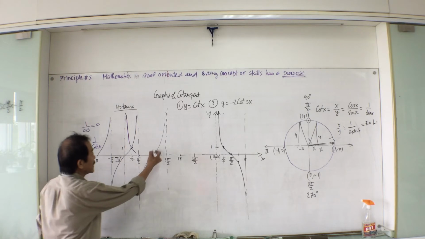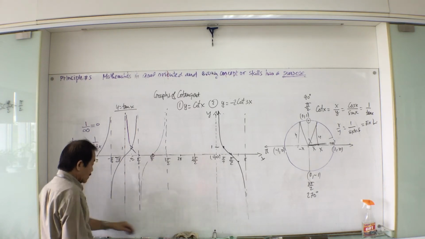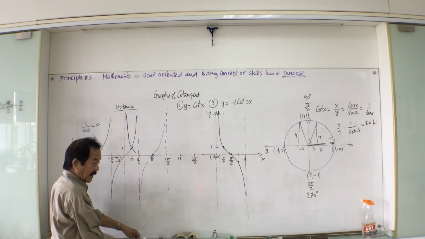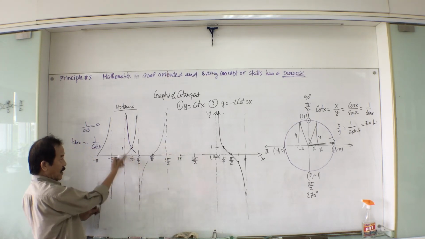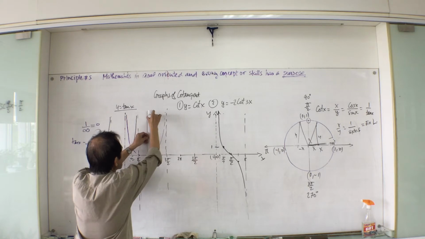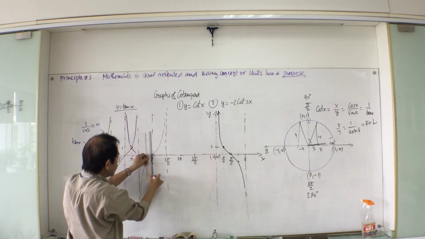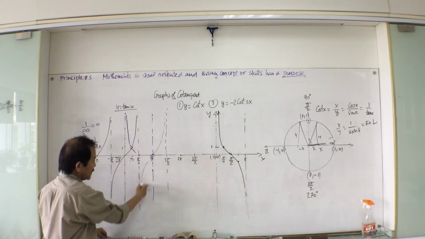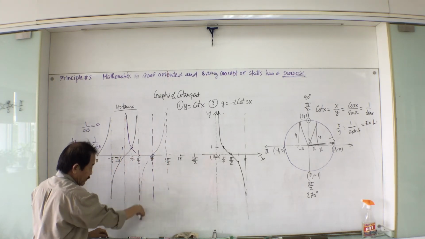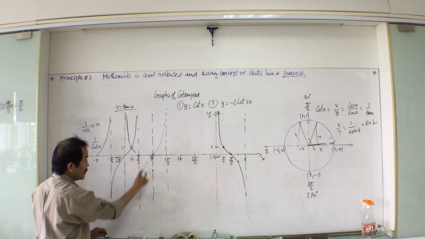And again, we know that this one equals the reciprocal of 0, which is undefined, right? So from here you don't need to do anything else, you just take the reciprocal of tangent. So this one is another vertical asymptote, right? Vertical asymptote right here. Now look at tangent here. Reciprocal of negative infinity equals 0.